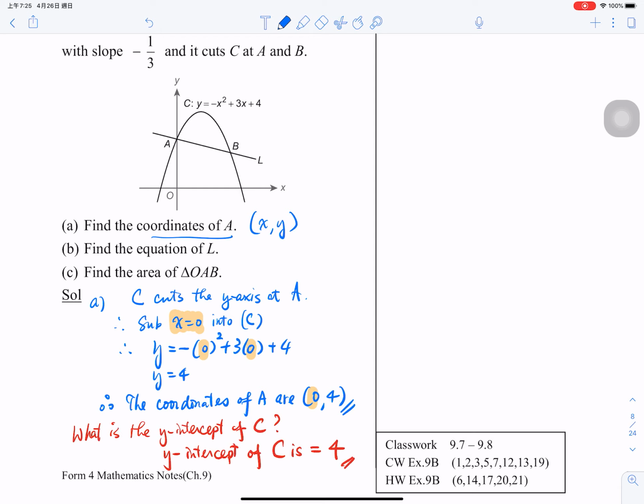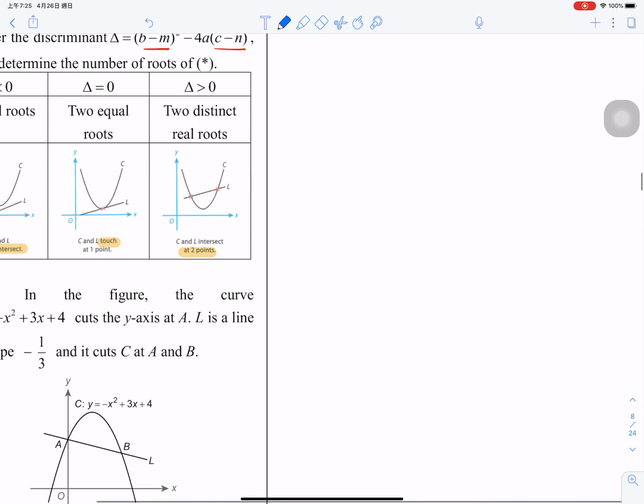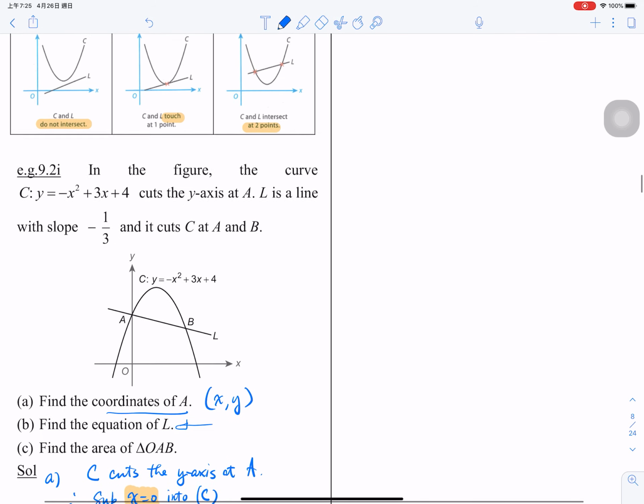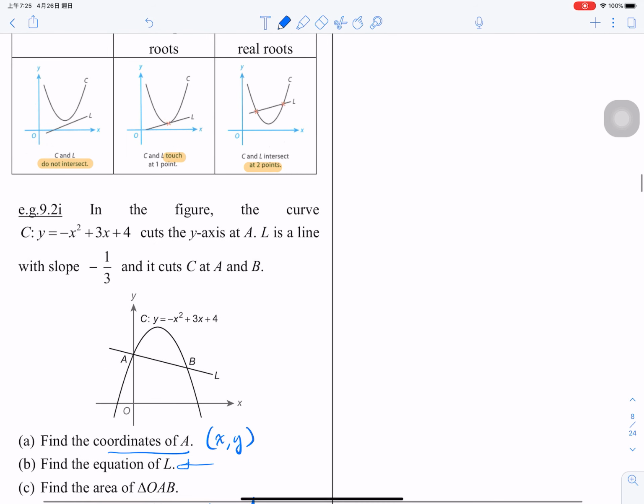Let's go on to part B. Find the equation of L. Okay, let's see. If now you have part B, you need to find the equation of L. That means you need to think about two conditions: what is the slope and what is the point? Can you find the two things?